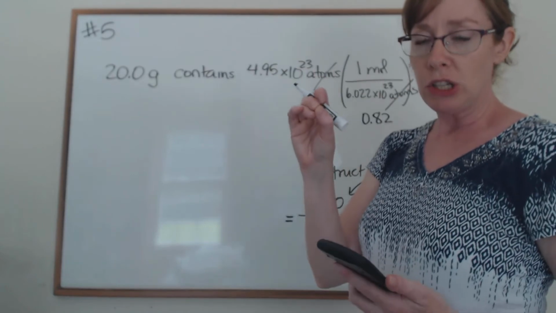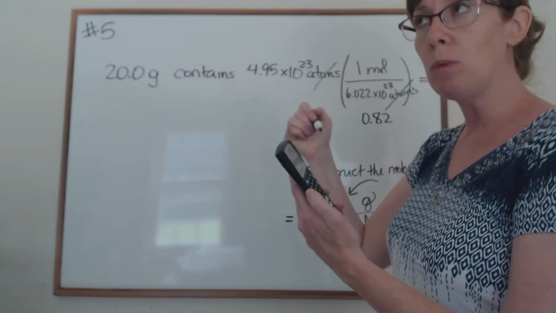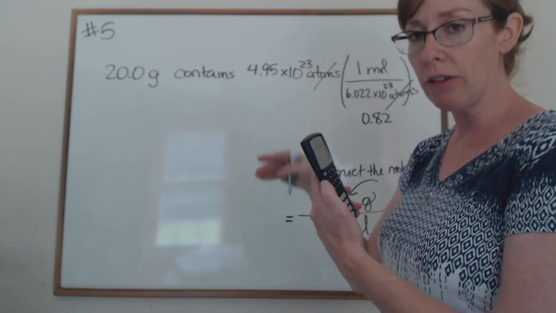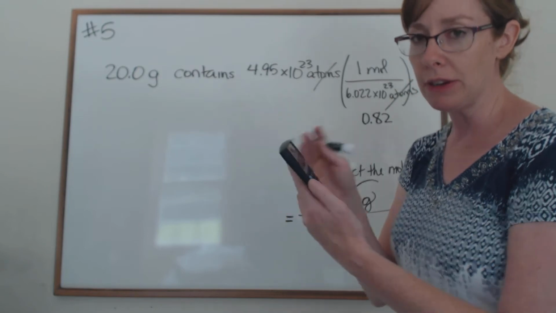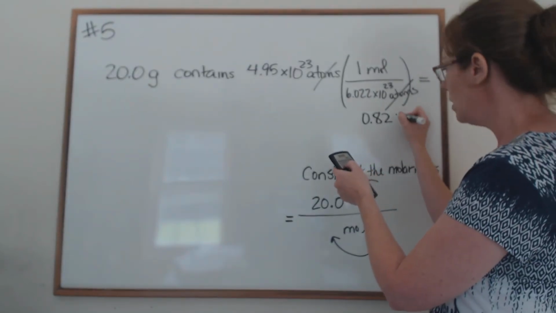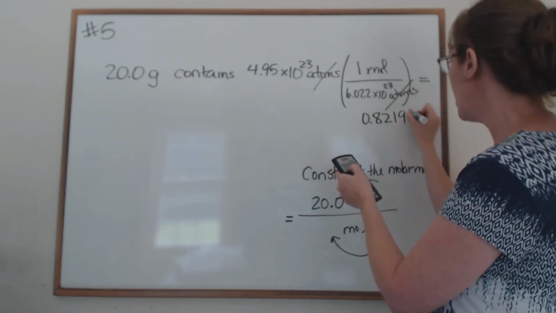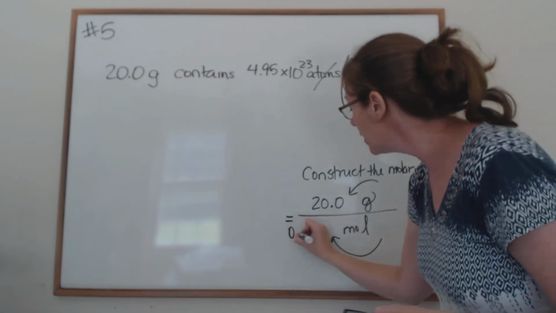Don't round too much, but you also don't have to be crazy. Keep maybe 3 or 4 decimal places. That will minimize any rounding error in subsequent steps, but you don't have to write every single digit. So I'm going to write 0.82199. And that's the number of moles. That's the number that would go down here.